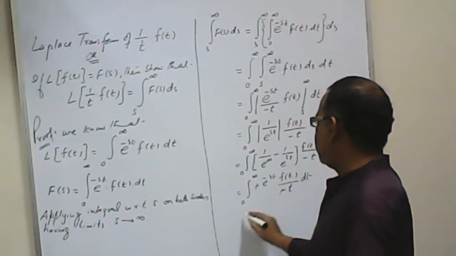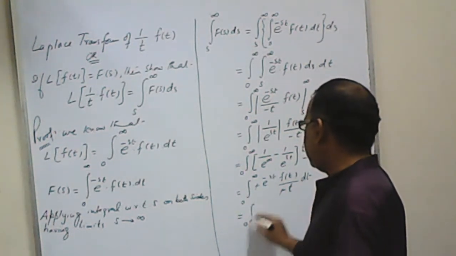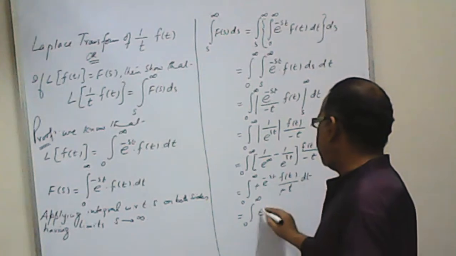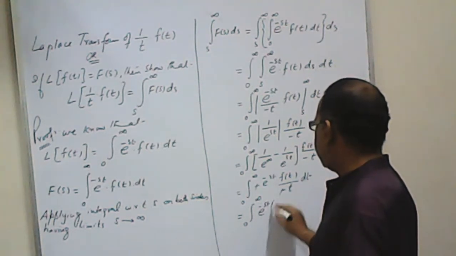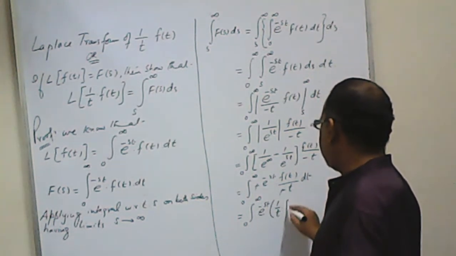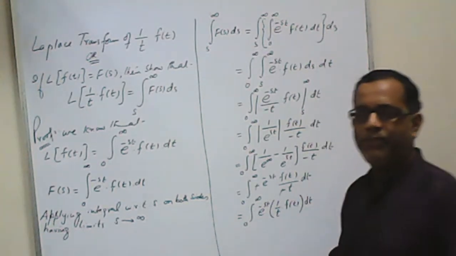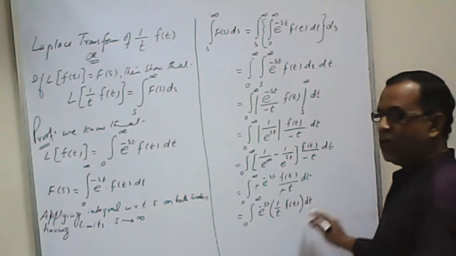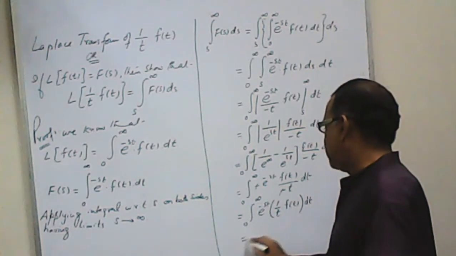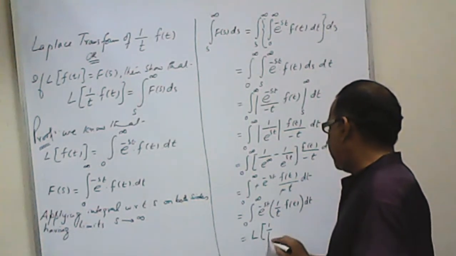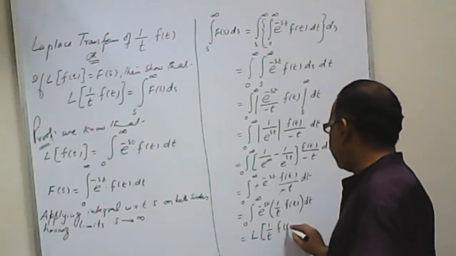Minus cancels with minus, so I can easily write 0 to infinity e power minus st, 1 upon t into function of t dt, and this is known as Laplace of 1 upon t into f.